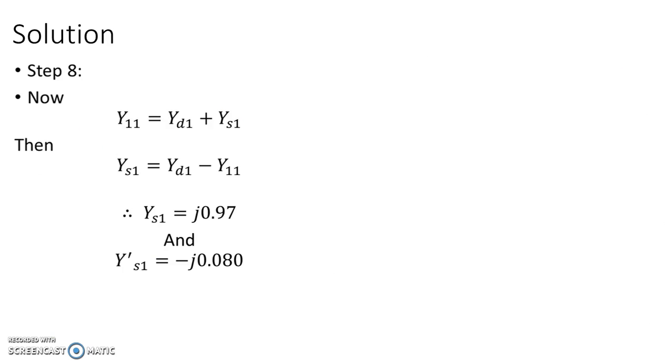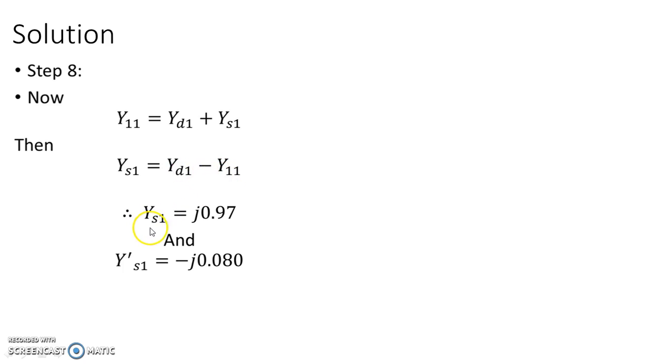Now in step 8, we will find the value of YS1. From the previous analysis, we have seen that Y11 is the parallel combination of YD1 and YS1, so I will add them both. I know Y11, I know YD1, but I don't know YS1. So from this equation, we can write YS1 equal to Y11 minus YD1.